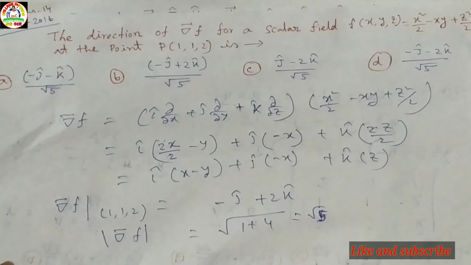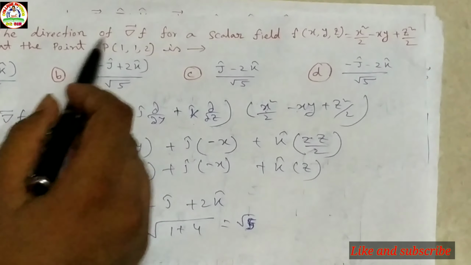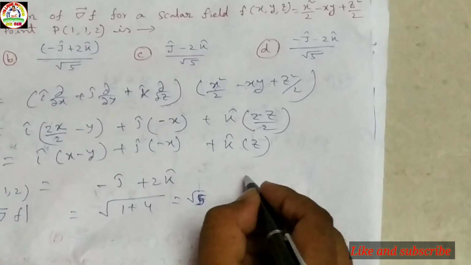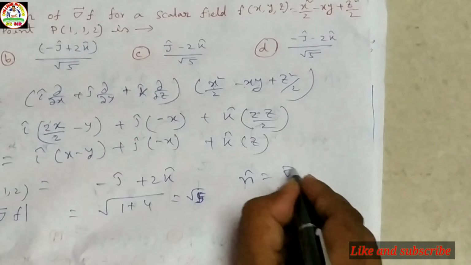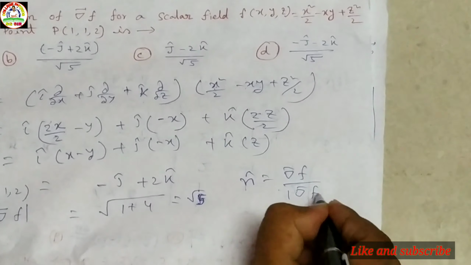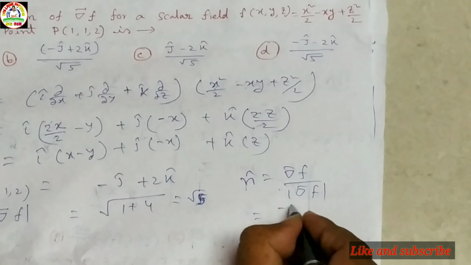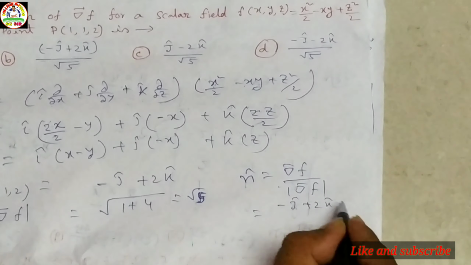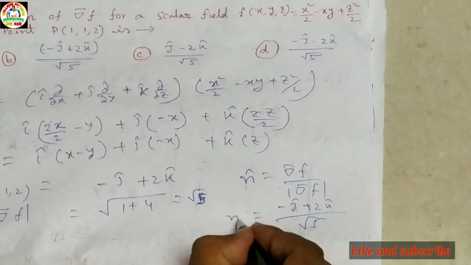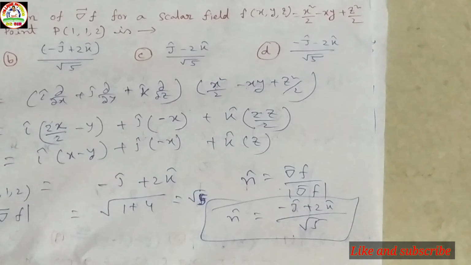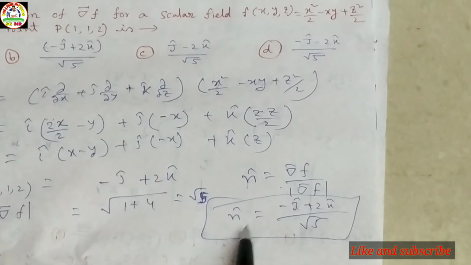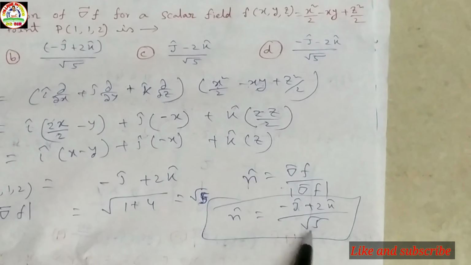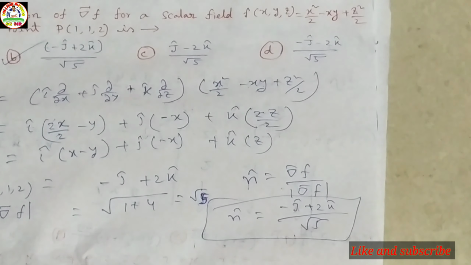Now the question asked, calculate the direction of grad f. So direction means we know n cap is equal to grad f by mod of grad f. So minus j cap plus 2k cap divided by root 5. This is the direction. So the option minus j cap plus 2k cap by root 5, means option B is correct.